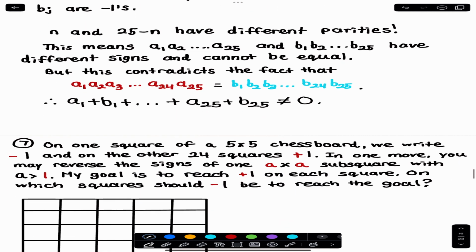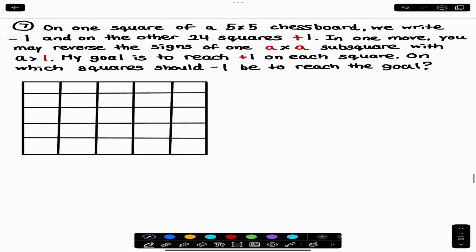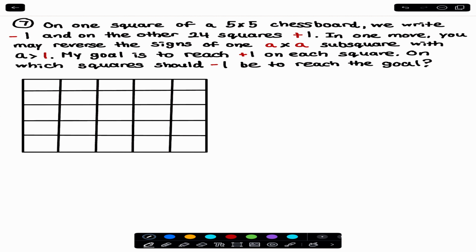Let's move on to question number 7. So question number 7 says, on one square of a 5x5 chessboard, which I've already drawn for us, you're welcome, we write -1, and on the other 24 squares, +1.